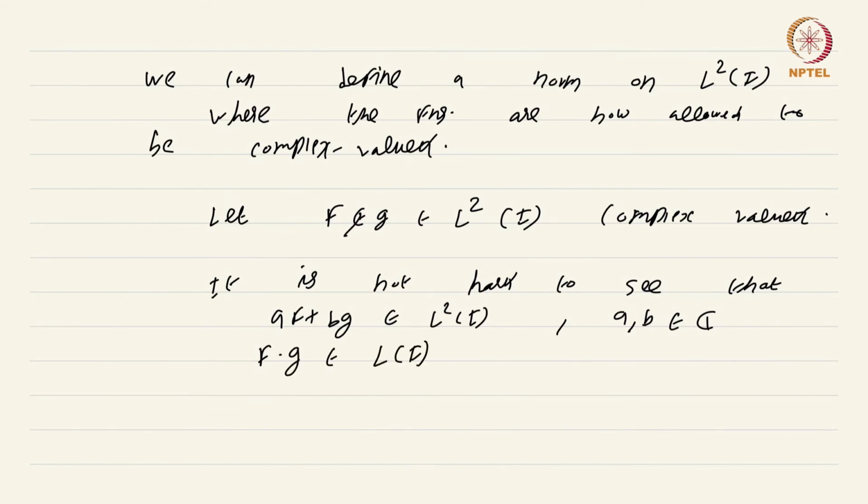So these two are left for you. They are easy, straightforward checks. Look up the proofs of what we did for the real valued case in the last few videos and adapt the arguments to the complex valued case. You will get that af plus bg is in L2(I), and so is the product fg. So you define the inner product of f comma g to be, by definition, the integral of f g conjugate.